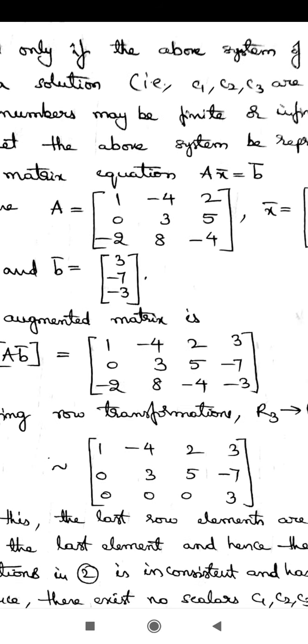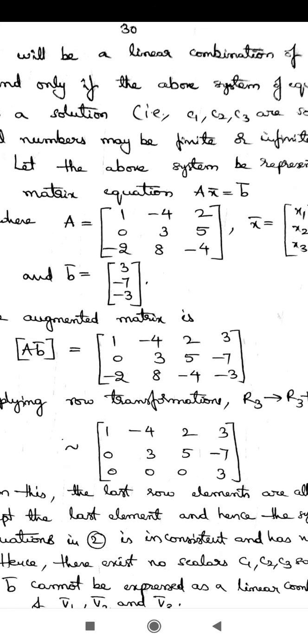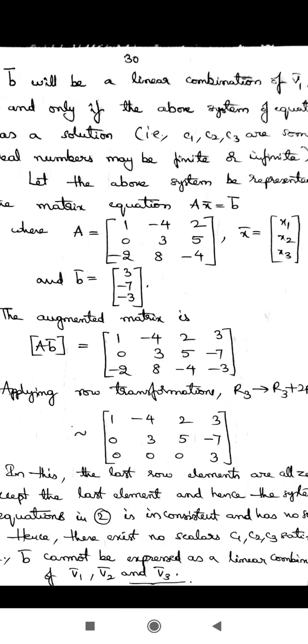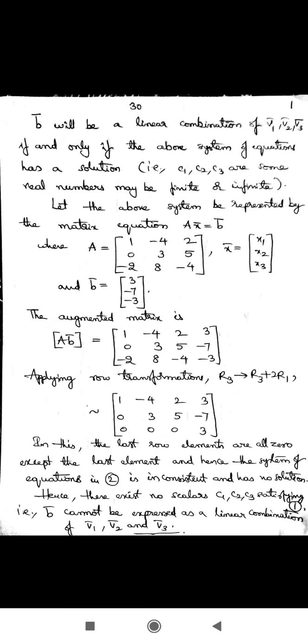Inconsistent means the equations have no relation in between; they cannot give any solution at all. So the 3 equations in 2 are inconsistent and have no solution.